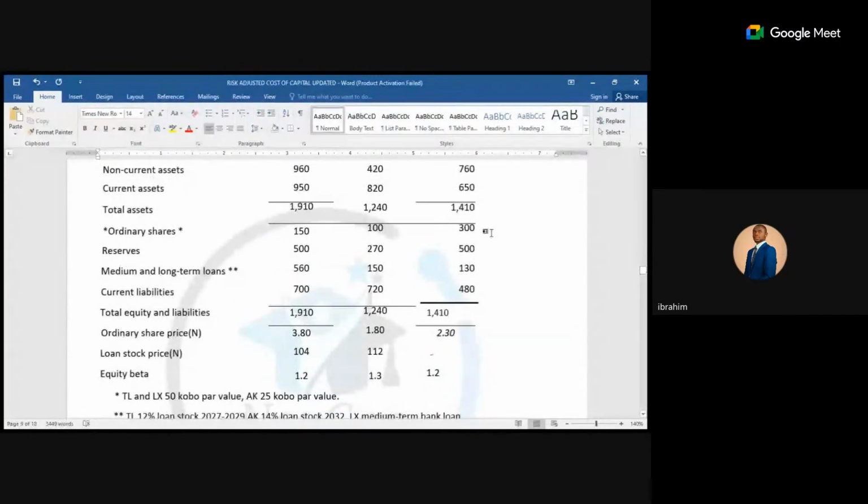So value of equity for LS, how do we determine it? Market value of equity, quickly. 300, divided by 0.5. Okay, times what?